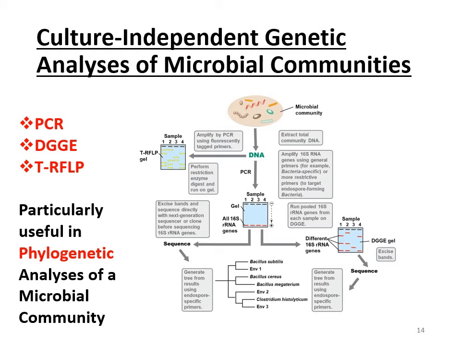Then you have DGGE, and DGGE stands for denaturing gradient gel electrophoresis, and that's to further resolve what we call phylotypes, and phylotypes are just variants of genes. And what this technique does is it separates genes of the same size that differ in denaturing or melting profiles, because their sequences are different. Okay, so basically it's denaturing the genes and trying to distinguish the different microbes.